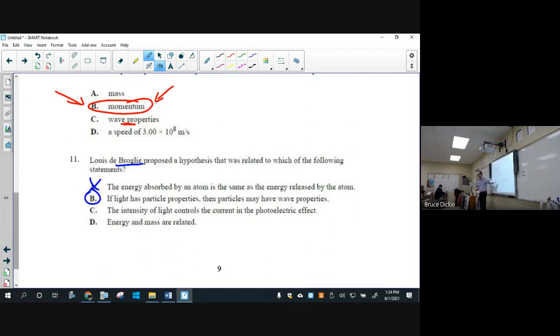The number of photons controls the number of electrons? Sure, but that had nothing to do with de Broglie, right? That was an Einstein thing, not a de Broglie thing. And energy and mass are related. Are they related? Yes. But is that what de Broglie said? No, again, Einstein said that. So the answer is B. We thought it was B. Sure enough, it's B.